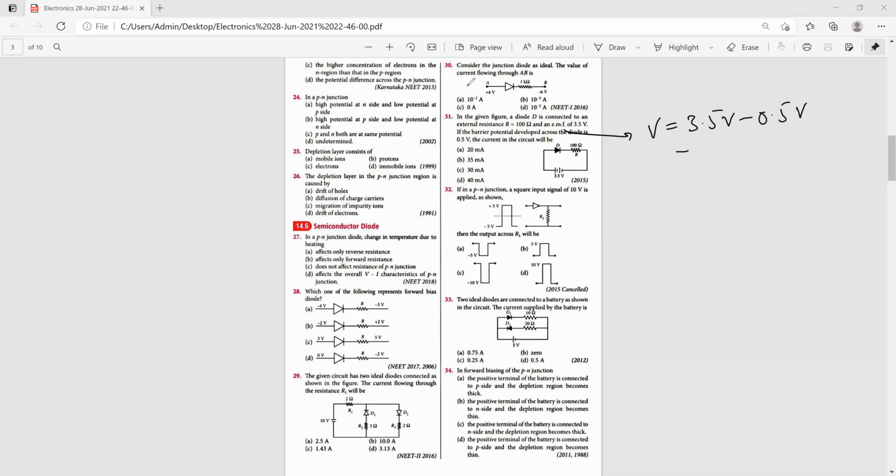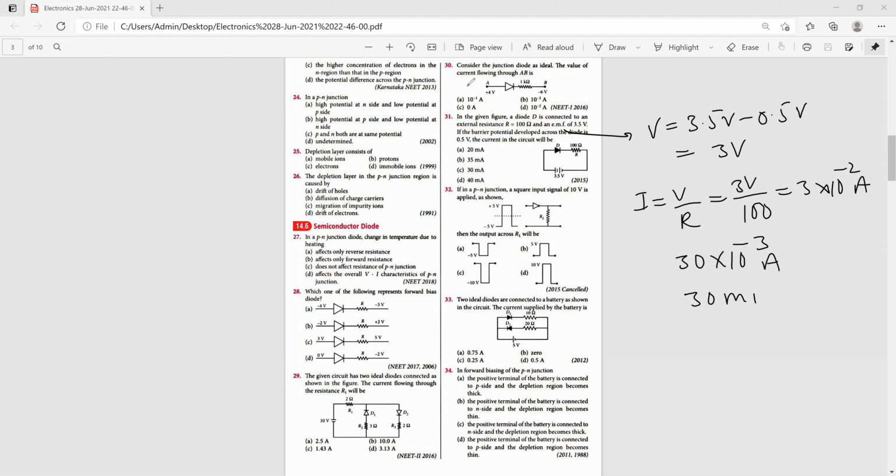The difference we are getting is 3 volt. According to Ohm's law, I is equal to V by R. So that is 3 V divided by 100 ohm, equal to 3 into 10 to the power of minus 2 ampere, or 30 milliampere. For the 31st one, this one is the right answer.